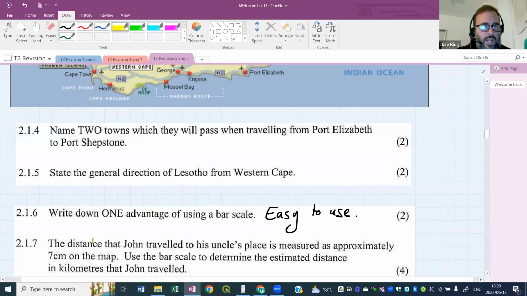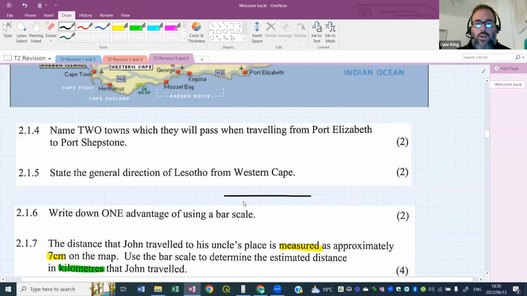All right, let's read it again. The distance that John traveled to his uncle's place is measured as approximately 7 centimeters. Use the bar scale to determine the estimated distance in kilometers. So we've got to go from our ruler measured 7 centimeters to real world kilometers. Now I'm going to give you the scale to use, and then you're going to tell me what to do with it.